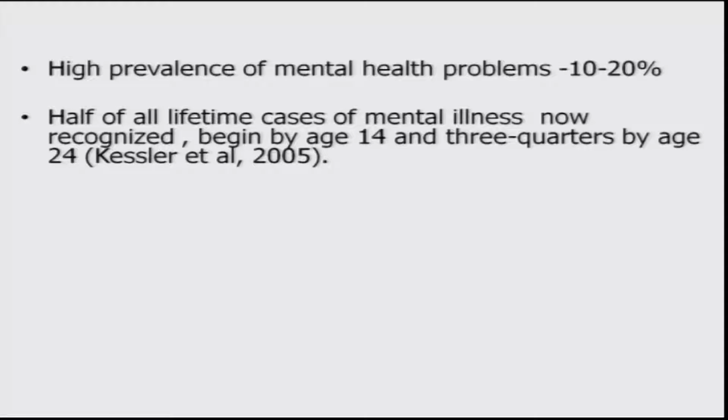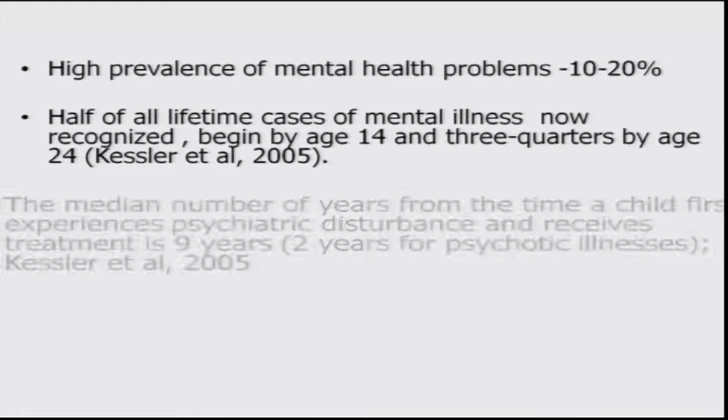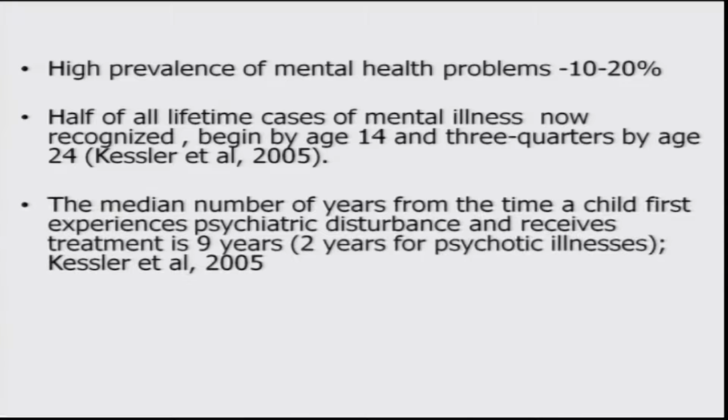Half of the cases of mental illness which are now recognized begin by age 14 and three quarters by age 24. The median number of years from the time a child first experiences psychiatric disturbance to receiving treatment is 9 years. That means that when the child actually starts having a problem, by the time he comes to the doctor, 9 years have elapsed. There are long delays and inadequate care.